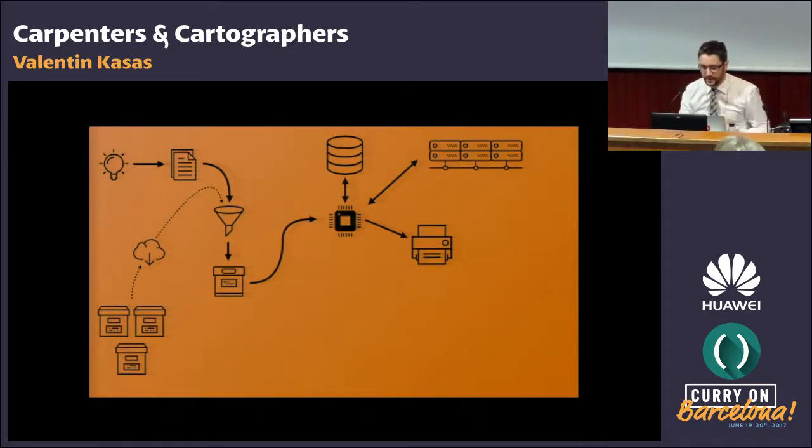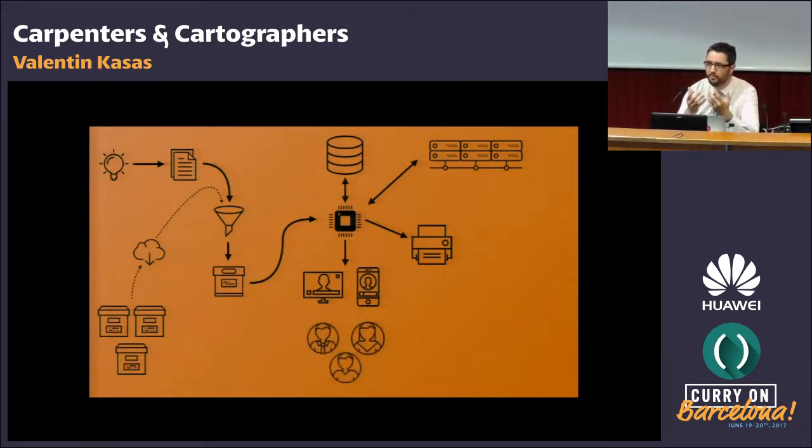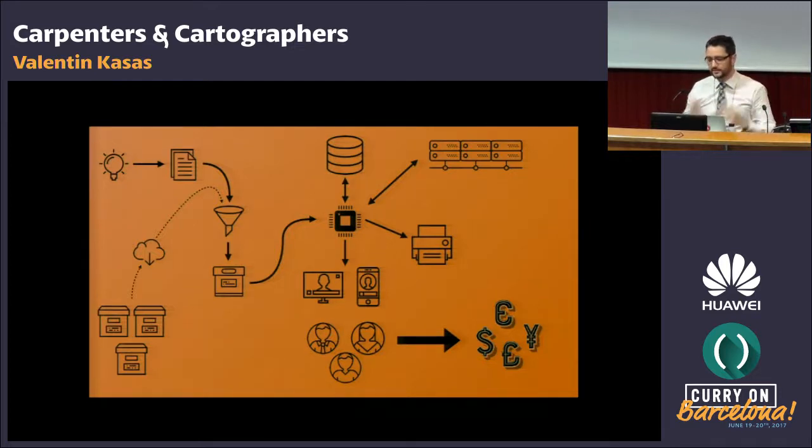But more importantly, our CPU will talk with devices that a user can interact with. Because in the end, the whole purpose of that process of producing software is to bring value to users. And we hope that, in return, users will bring profit and revenue to us. So all in all, it's quite a complex process.